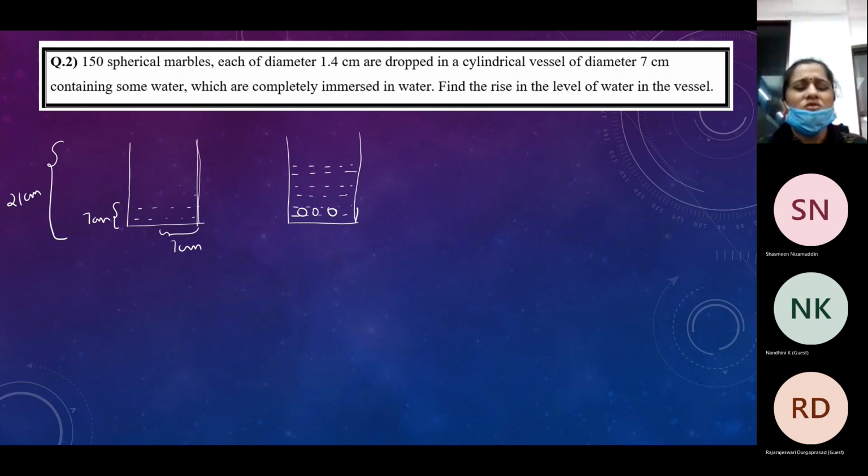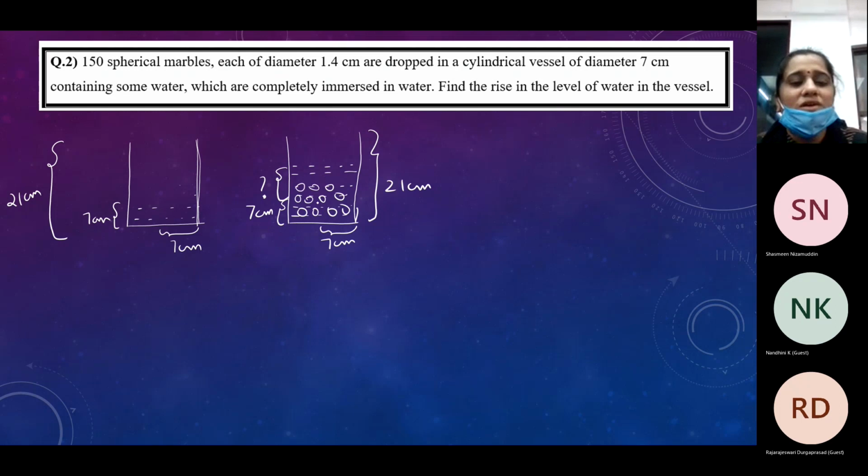So some number of marbles are dropped here. This is the initial height of the water, 7 centimeter. And now this one is what we'll have to find. There are many marbles. We'll just assume 150 marbles here.